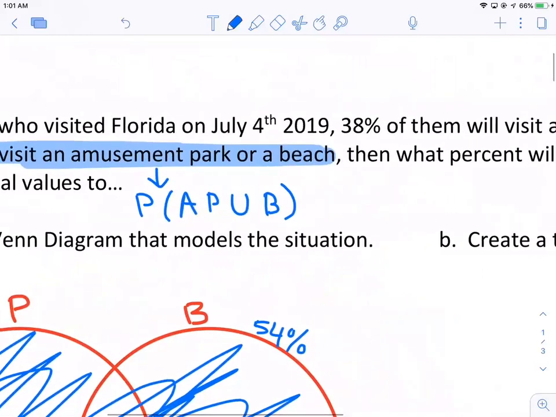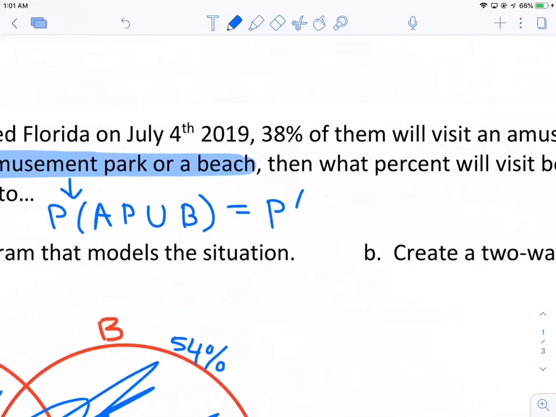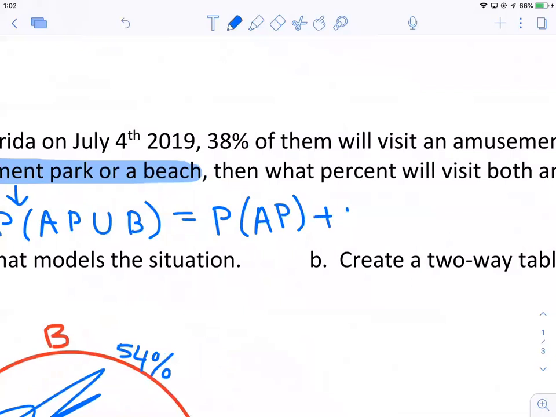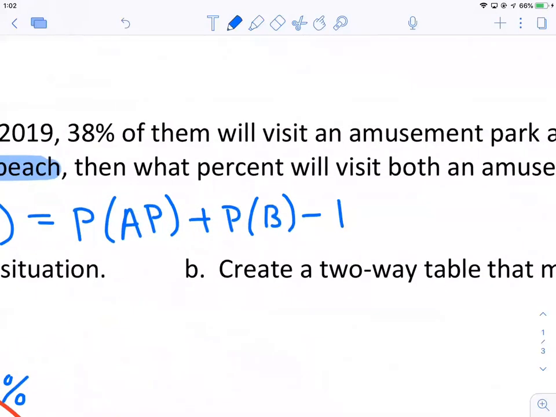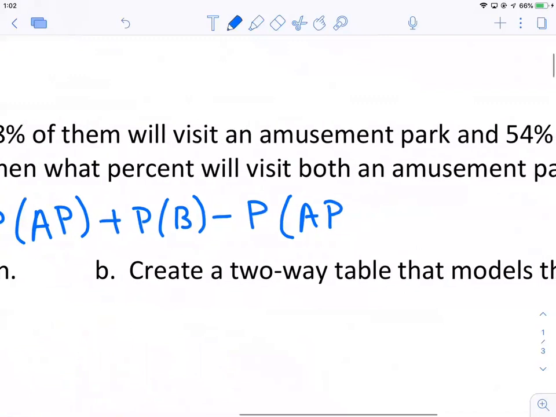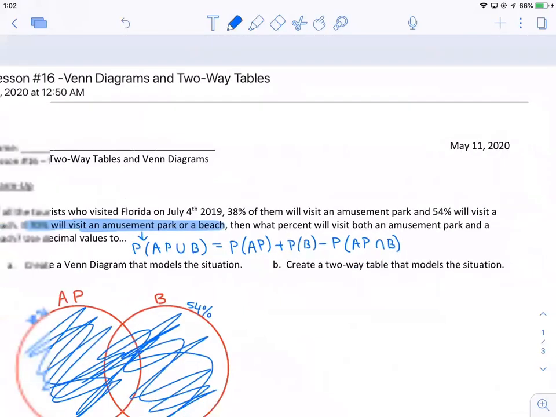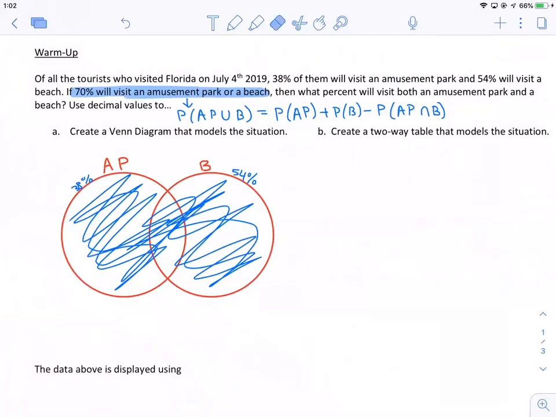Right, and if you remember from last lesson, we said the probability of an or statement, that's the probability of people going to an amusement park plus the probability of them going to the beach, right? But there are some people that go to both the beach and the amusement park. So we need to subtract the overlap, probability of amusement park and beach, right? So hopefully that makes sense.